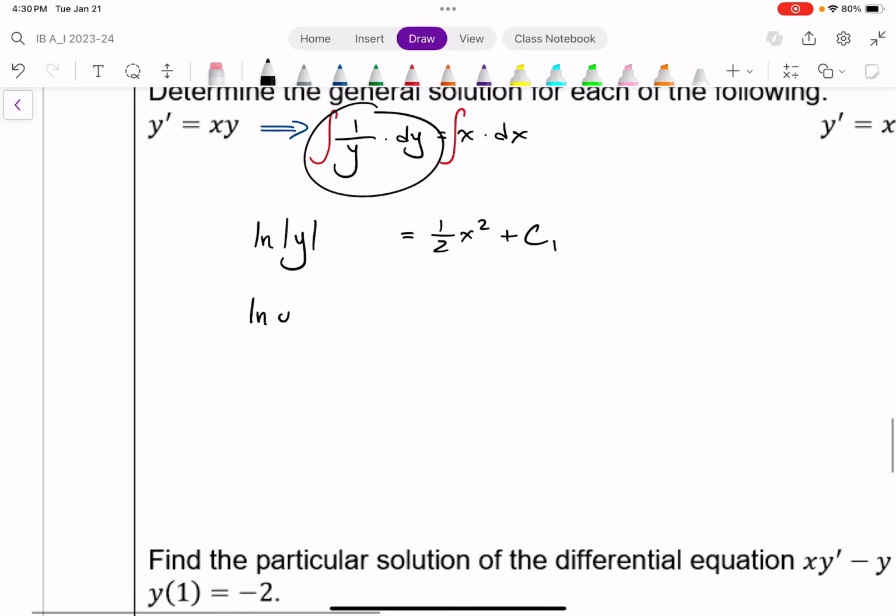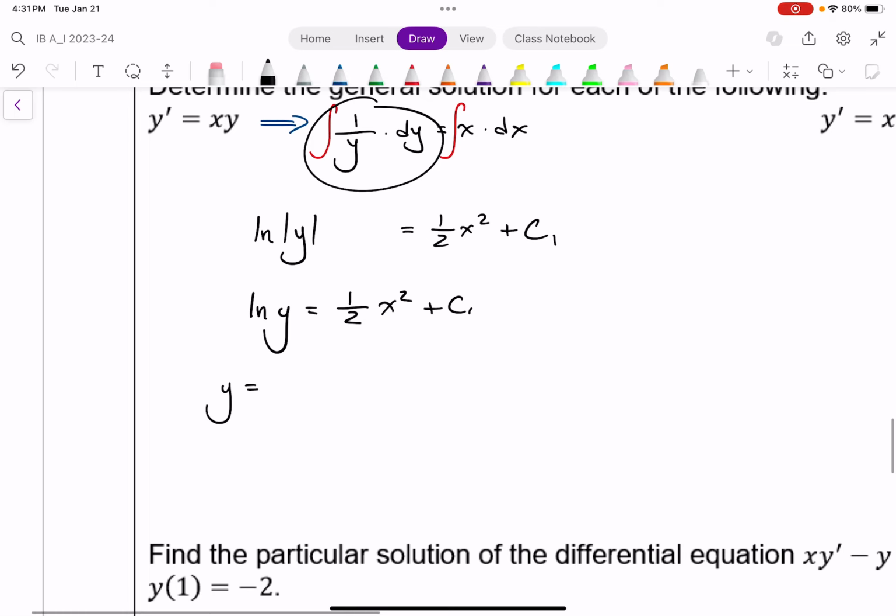So I have the ln of y equals 1/2 x squared plus this constant. If I solve for y, I raise everything to a power with base e. And so this becomes just y equals e to the 1/2 x squared plus c1 up in the exponent still.